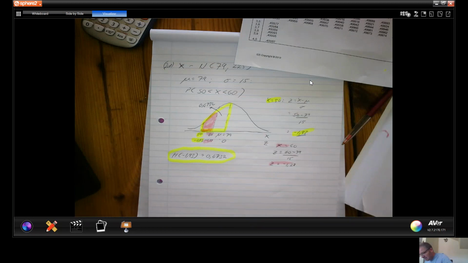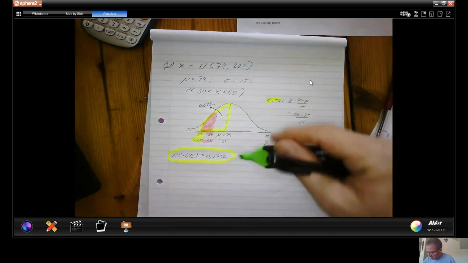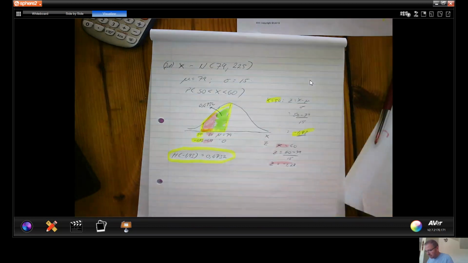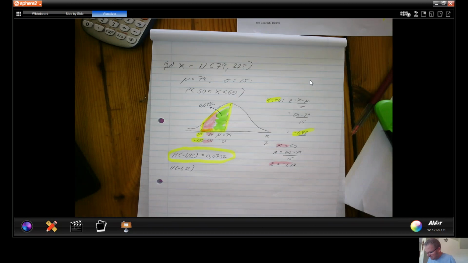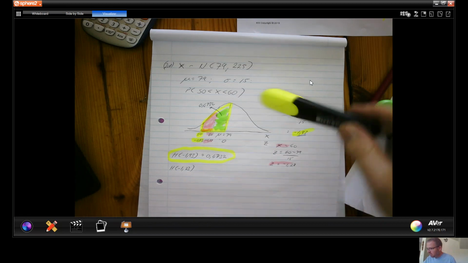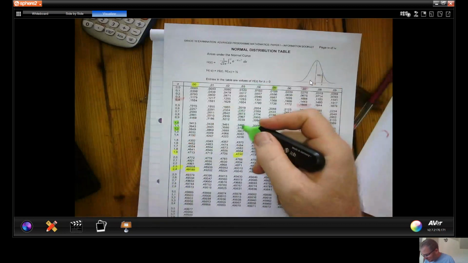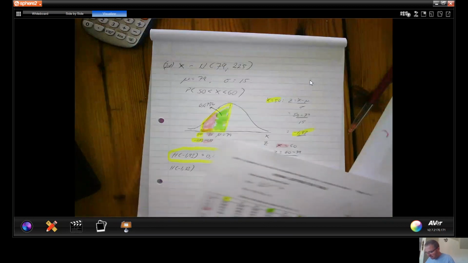Now you need to find the probability in this green region over here, because you're going to take the yellow region and cut out the green region. To find that area, we're going to work with the Z score of 1,23. So we're looking for the area of negative 1,23, which is the same thing as working with a Z score of 1,23. 1,2 is here, 3 is there, so it looks like it should be 0,3907.